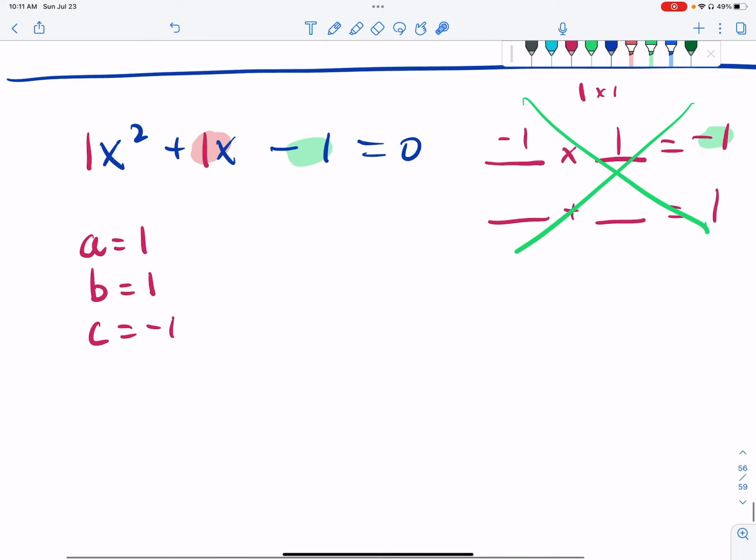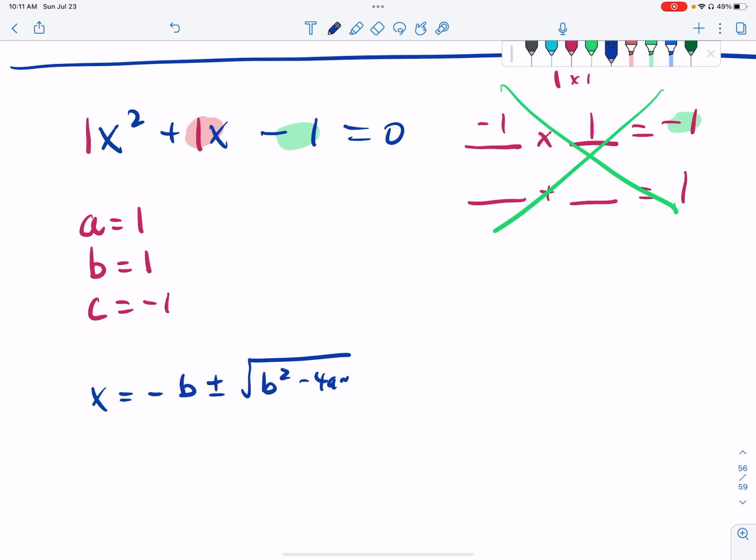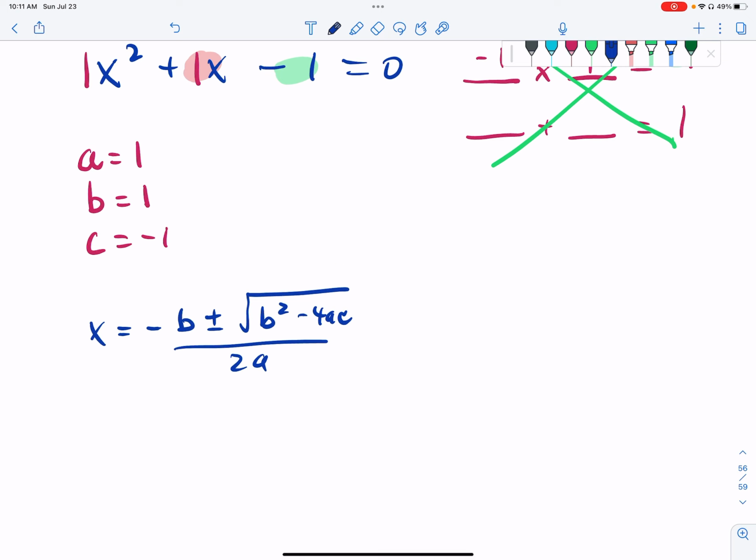And then throw them all into the quadratic formula. I'll rewrite it down just in case you missed it before. x is equal to -b plus or minus the square root of b squared minus 4ac, all over 2a. Plug in my a is 1, my b is 1, and my c is -1. And I have x is equal to -1.